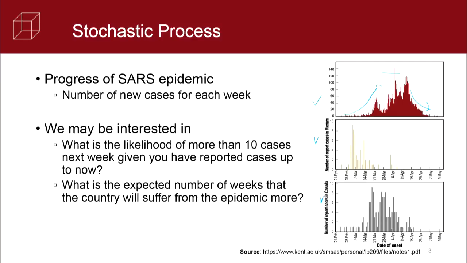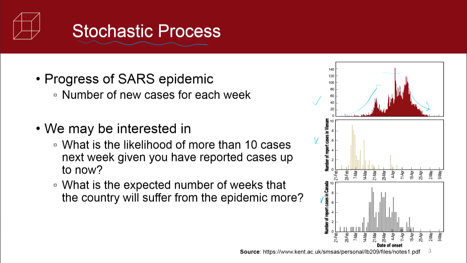So we may model the random progress of the SARS epidemic mathematically with the help of the so-called stochastic process. We're going to talk about what the stochastic process means later on.